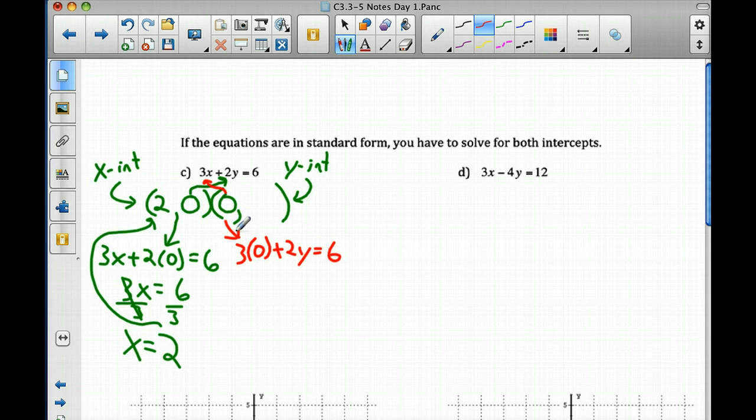Guys, that is that. Now we're going to do the y-intercept. 3 times 0 is 0. 2y equals 6. Guess what the y-intercept is, guys? 3.